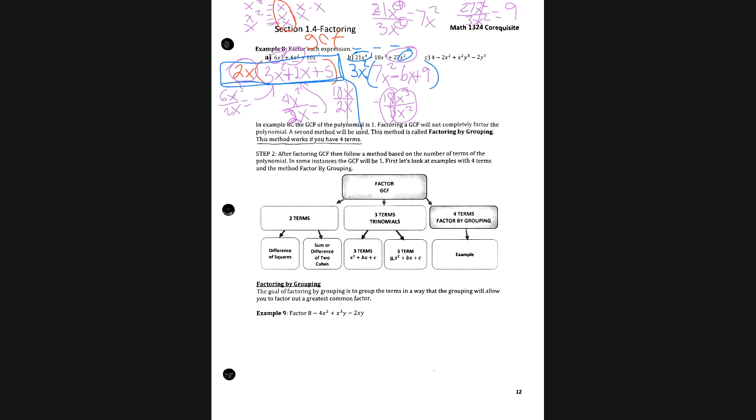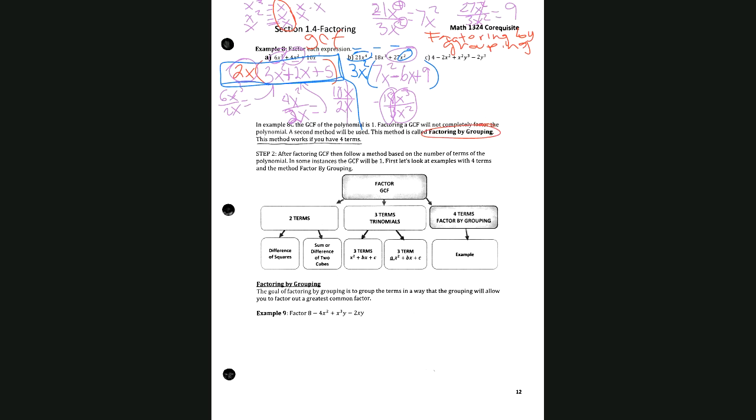Okay, so now for example 8c, we're going to start working with factoring by grouping. And just like the name tells us, we are going to start by making two groups.